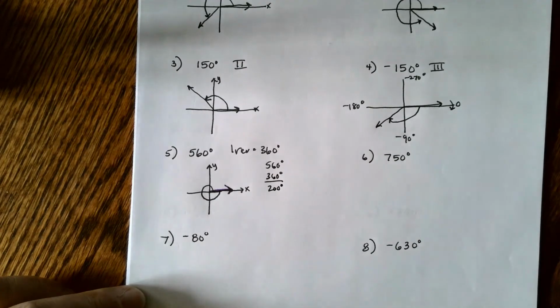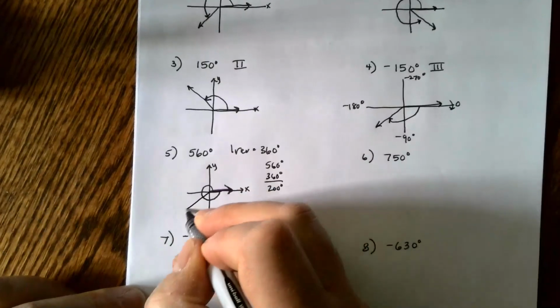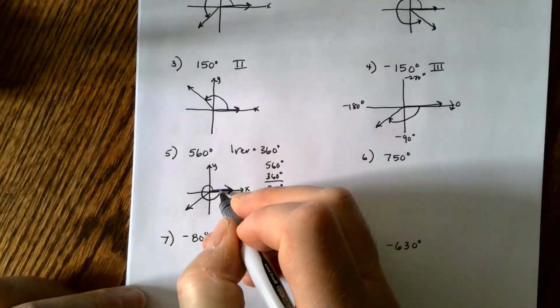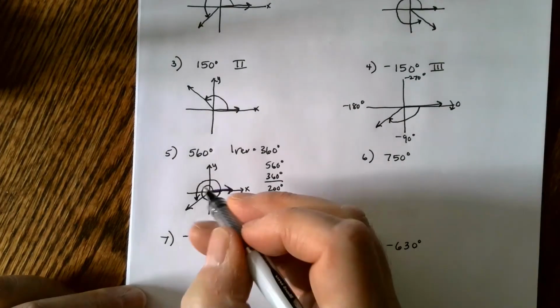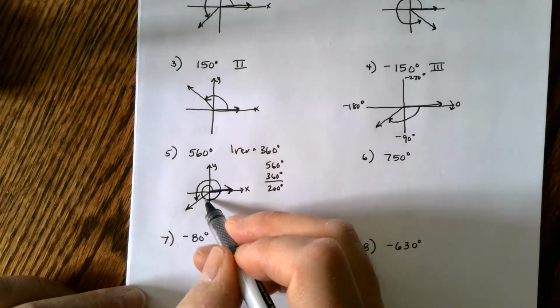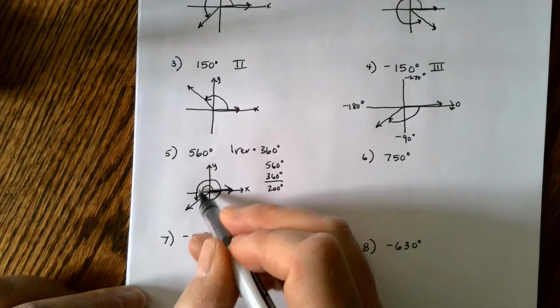So now the question is where is 200 degrees? Well, it's actually over here in the third quadrant. So my terminal side is going to come all the way around to the third quadrant. So when I'm drawing an angle greater than 360, I'm going to start on the positive x-axis, do one revolution, and then go all the way around.